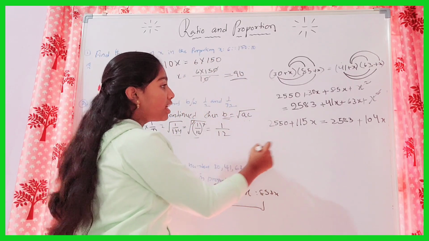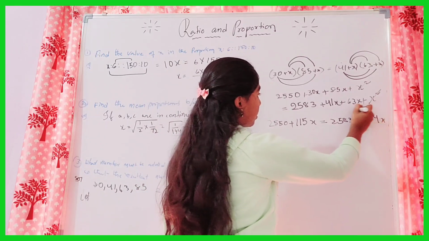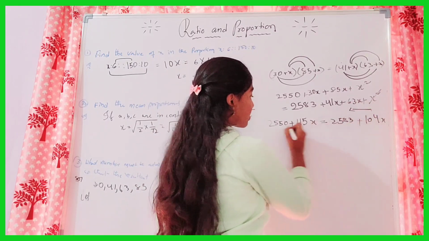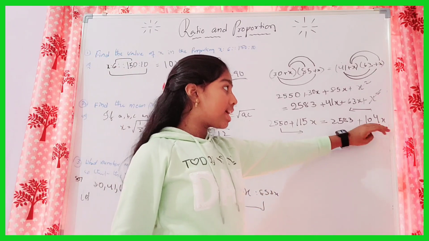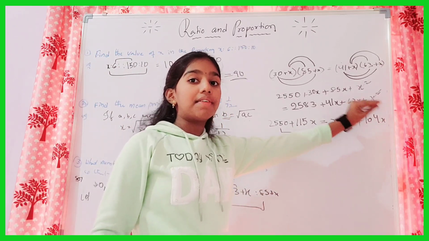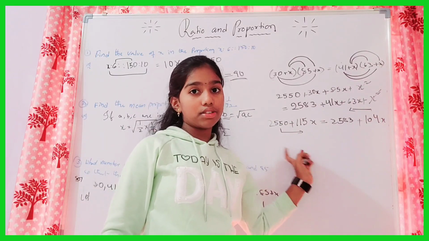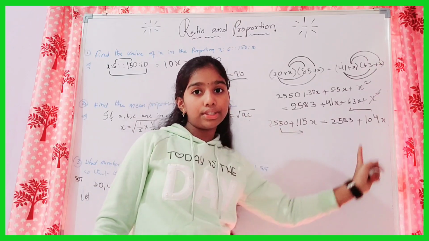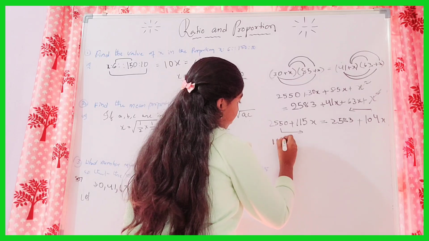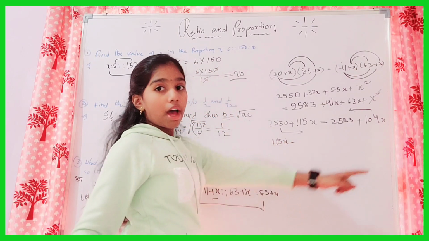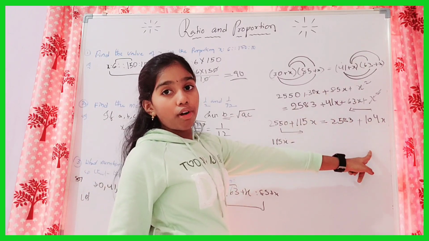Now we have to take the terms with x to one side, and the numbers without x to the other side. That is 115x minus 104x.